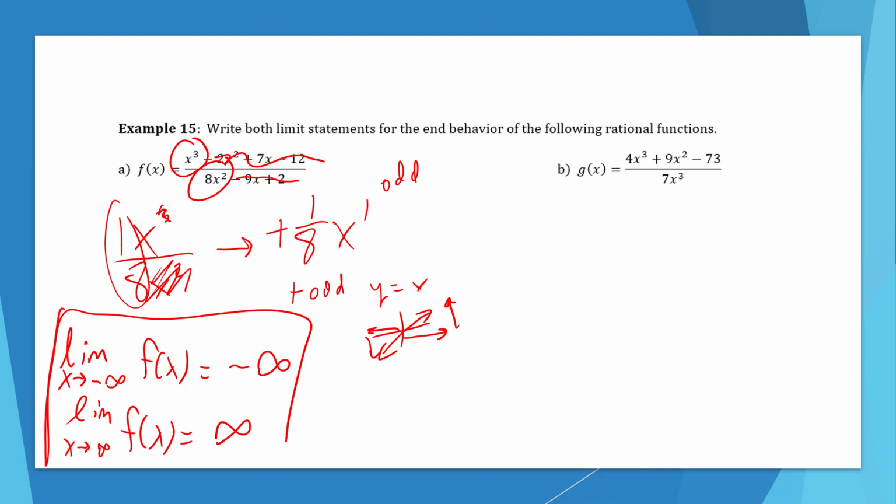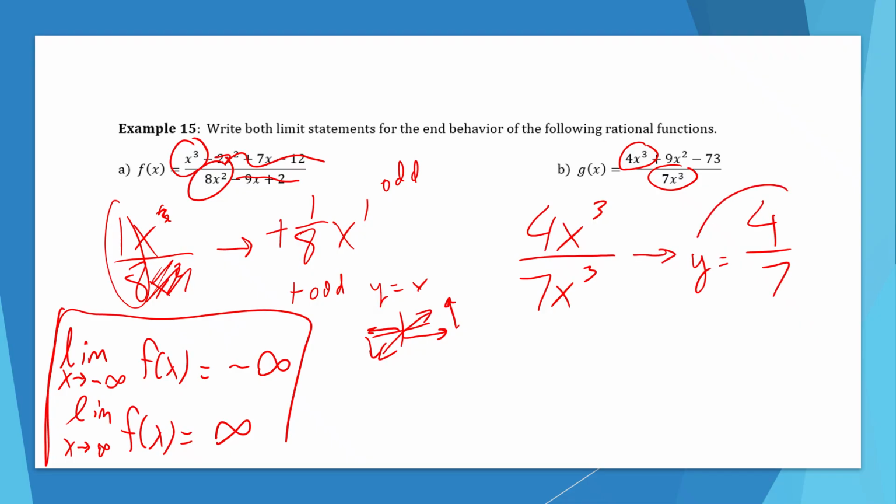For this one, for B, we have 4x cubed as our leading term and 7x cubed. This is equally heavy, so this will simplify to 4/7. There will be a horizontal asymptote there. You don't need to know that for the end behavior, but both limit statements for the end behavior will go to 4/7.